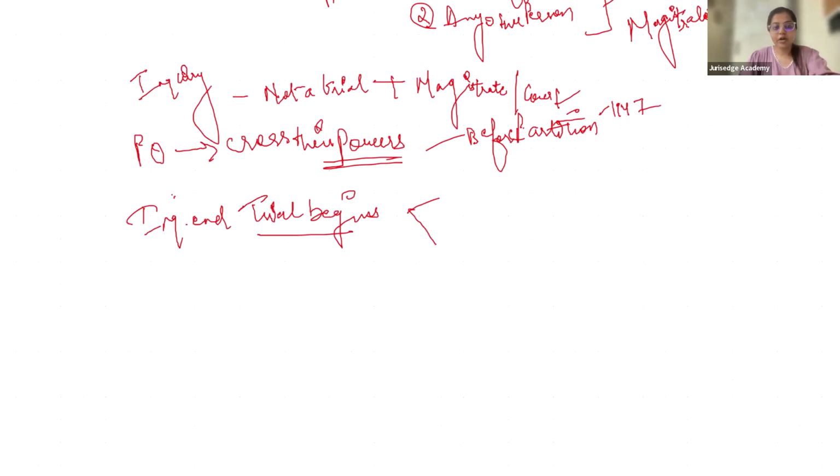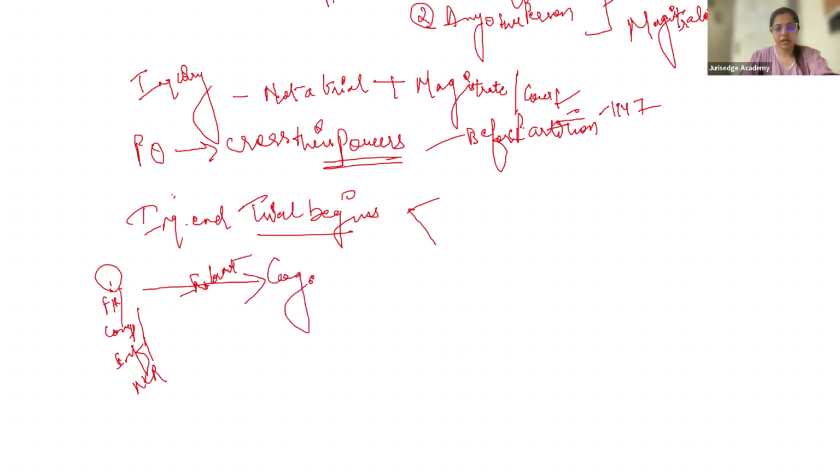It is important to understand where the overlapping can take place. Whether it is an FIR, complaint, information or NCR, whether or not the investigation takes place, if the cognizance is taken, then the inquiry will happen.